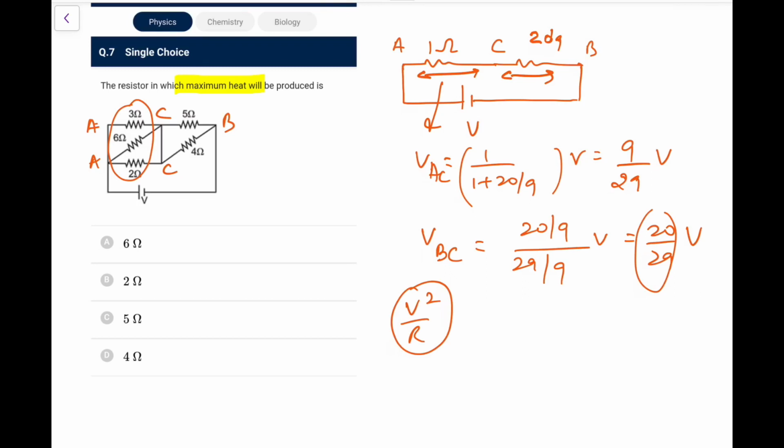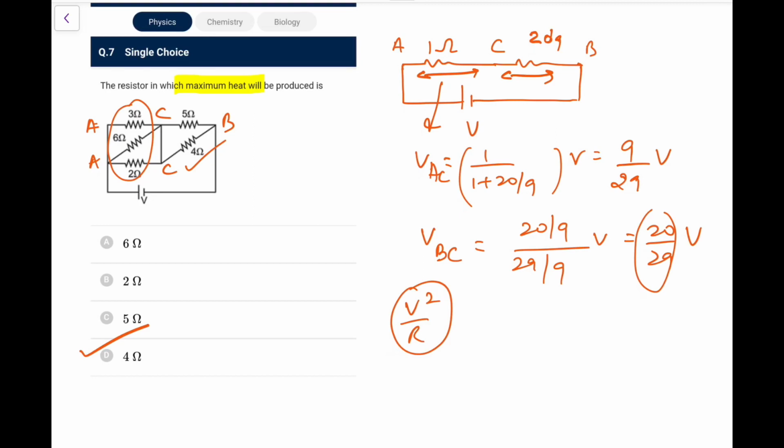I can make out there will be more current in 5 and 4, and more voltage there. So because they are in parallel, the 4 ohm will have maximum power. You can calculate manually also, but I can clearly make out it is the 4 ohm.